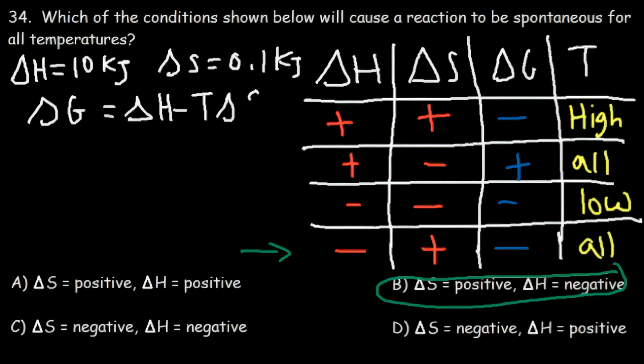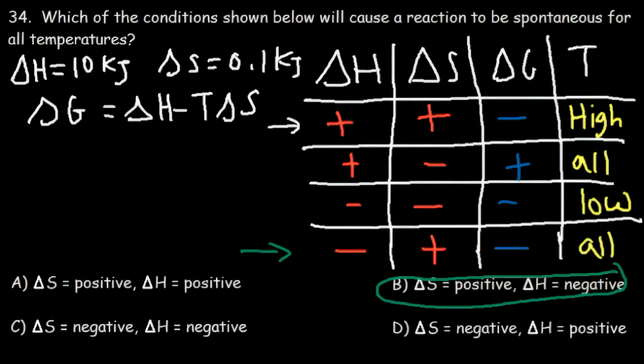So H and S are going to be the same, but the only thing that's going to vary is the sign of H and S and the temperature. So we're going to plug in 10 for a low temperature value and 1,000 for a high temperature value. So let's prove the first case.